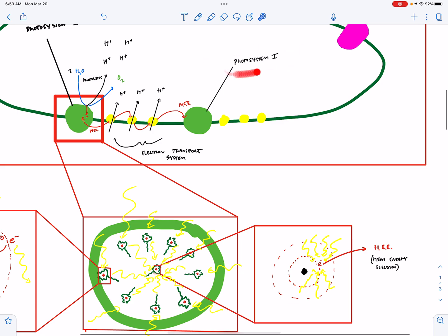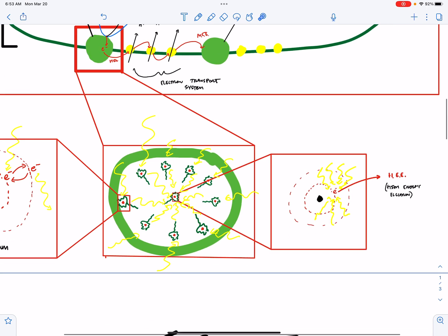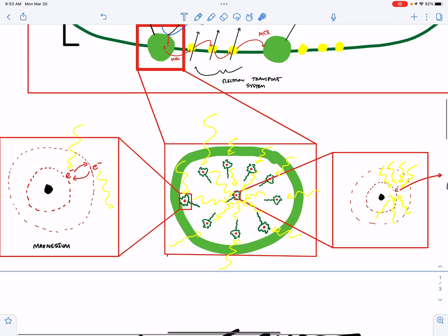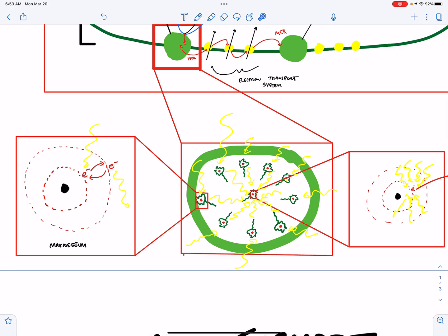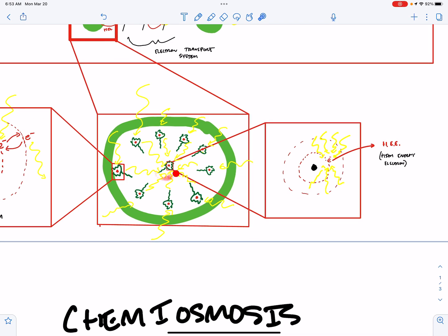And now the exact same thing that happened in photosystem 2 is going to happen in photosystem 1 to this electron. We are going to aggregate light energy using this property of this central magnesium ion to absorb light with its electrons and then re-emit it, and it's channeled towards the central pair of chlorophyll molecules here.